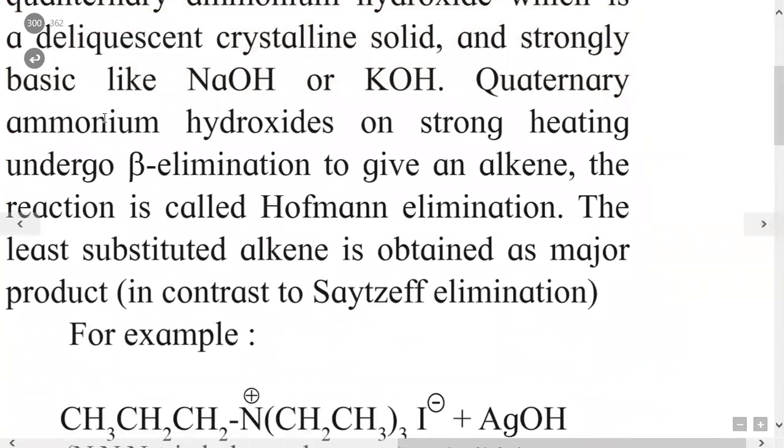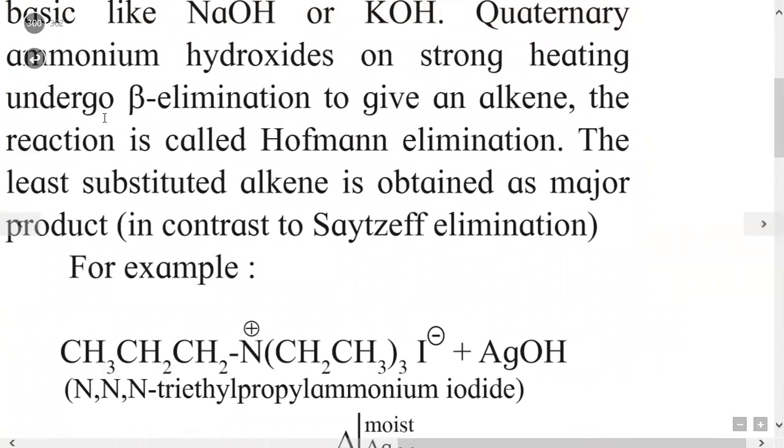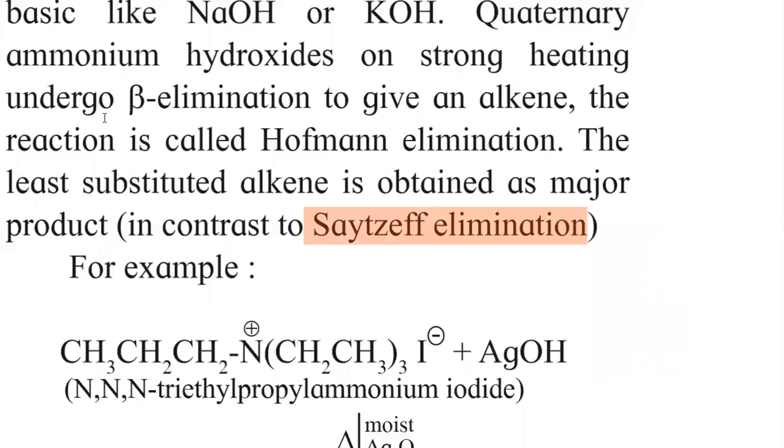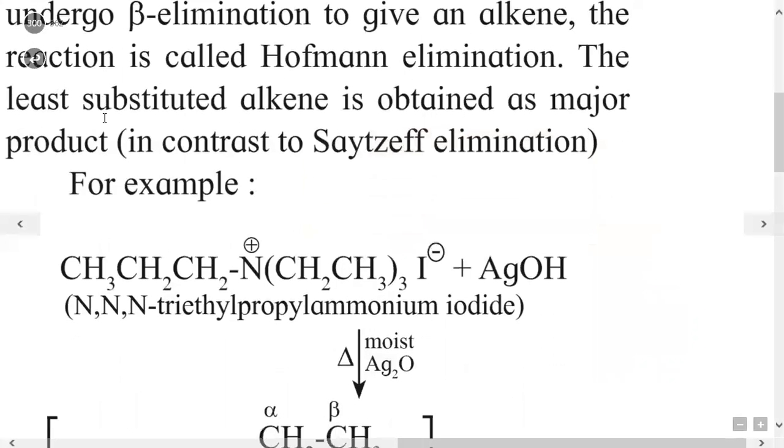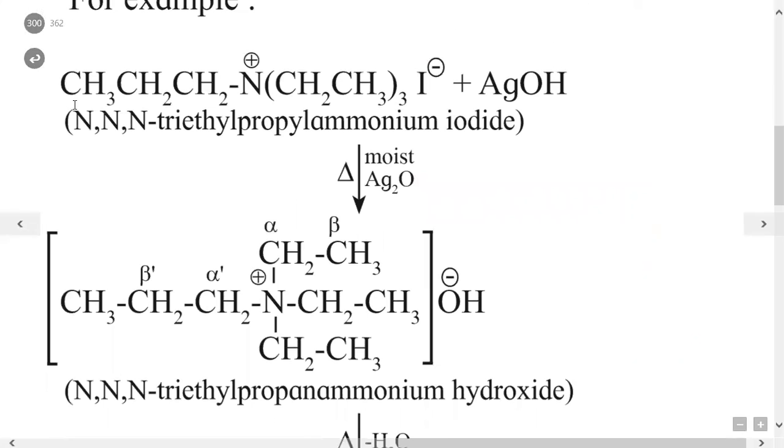The least substituted alkene is obtained as the major product, in contrast to, opposite of, Saytzeff elimination reaction. Here the example is taken: N,N,N-triethyl propyl ammonium iodide. So this is an n-propyl group, then three ethyl groups are there.